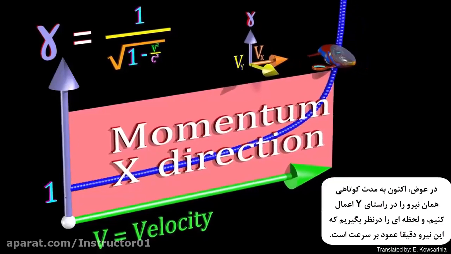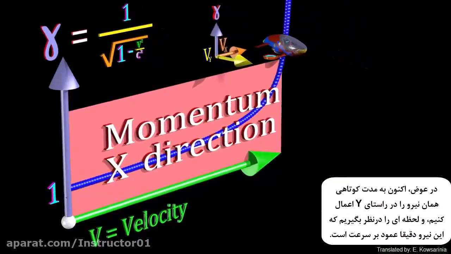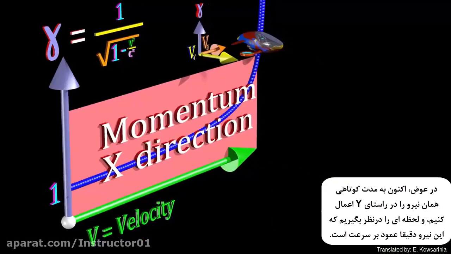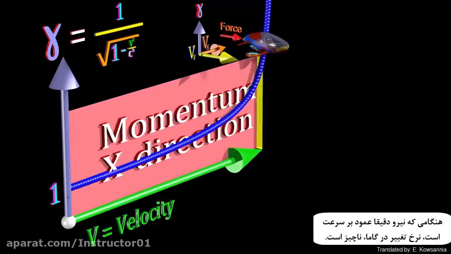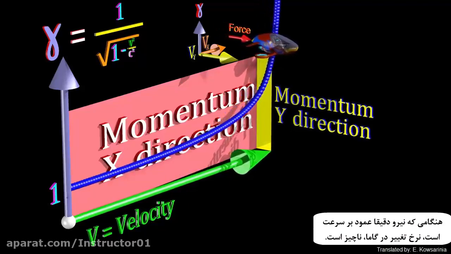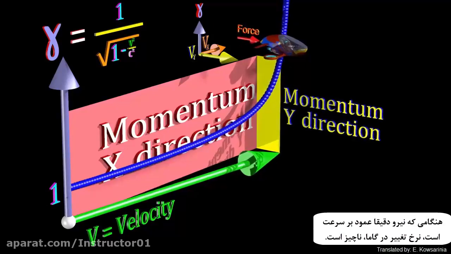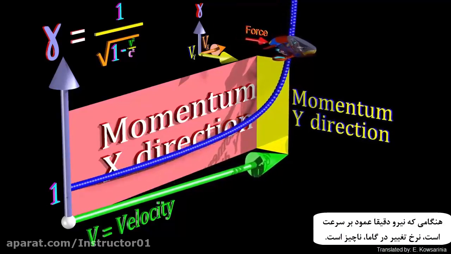Let's now instead briefly apply the same force in the y direction, and consider the instant when this force is exactly perpendicular to the velocity. When the force is exactly perpendicular to the velocity, the rate of change in gamma is negligible.